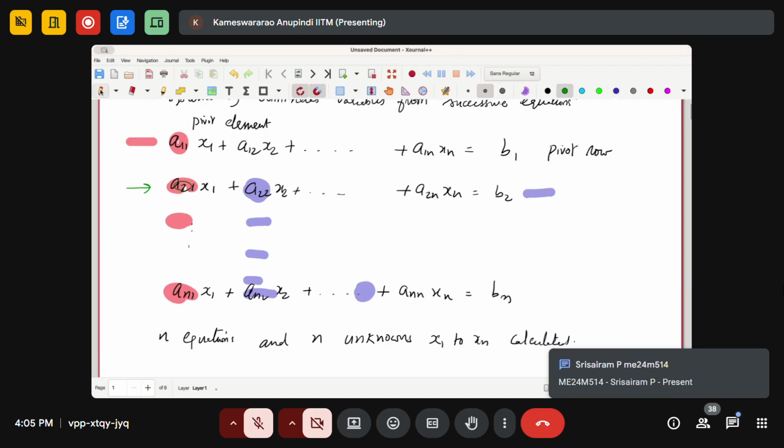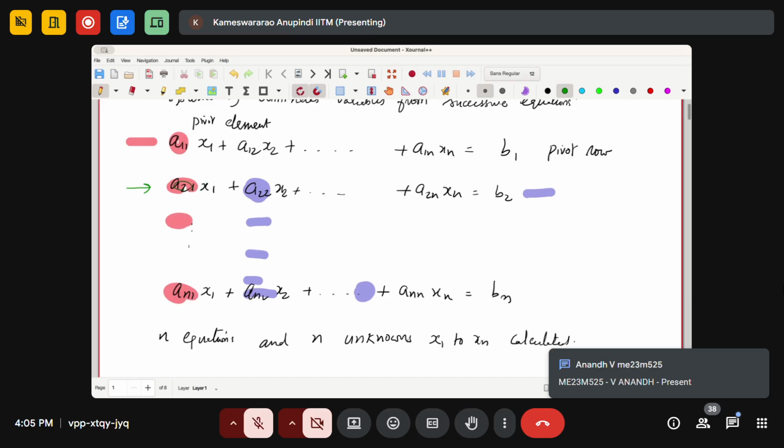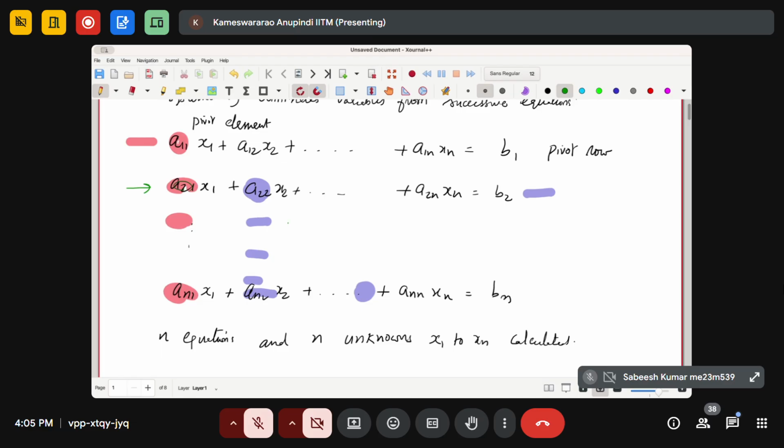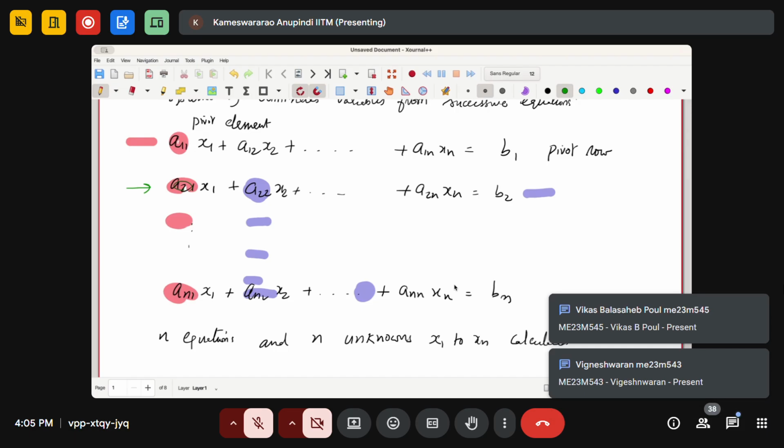That means you are converting this system by removing the dependence of x1 from the second equation, x1 and x2 from the third equation, and so on. And in the nth equation, you will remove the dependence on x1, x2 all the way to xn minus 1. The last equation is only going to have xn as the only unknown.